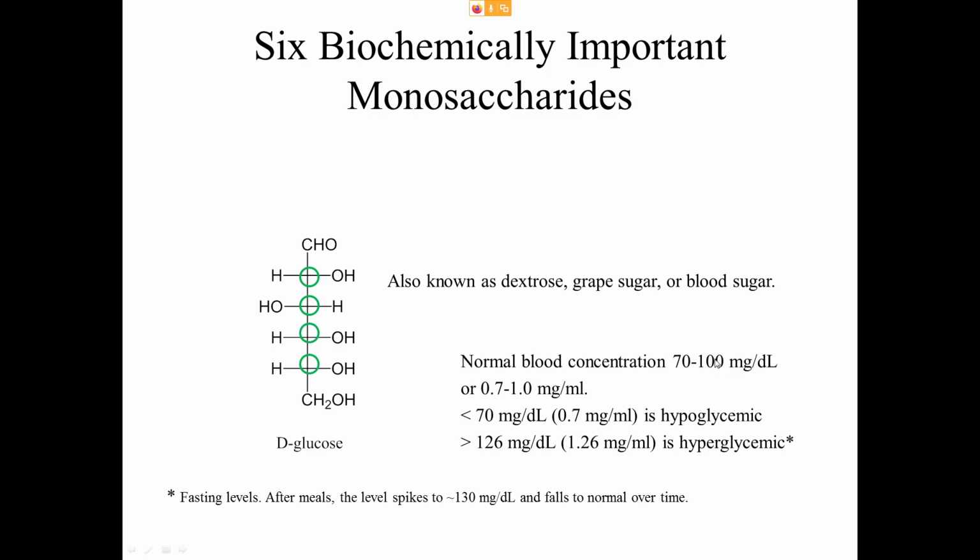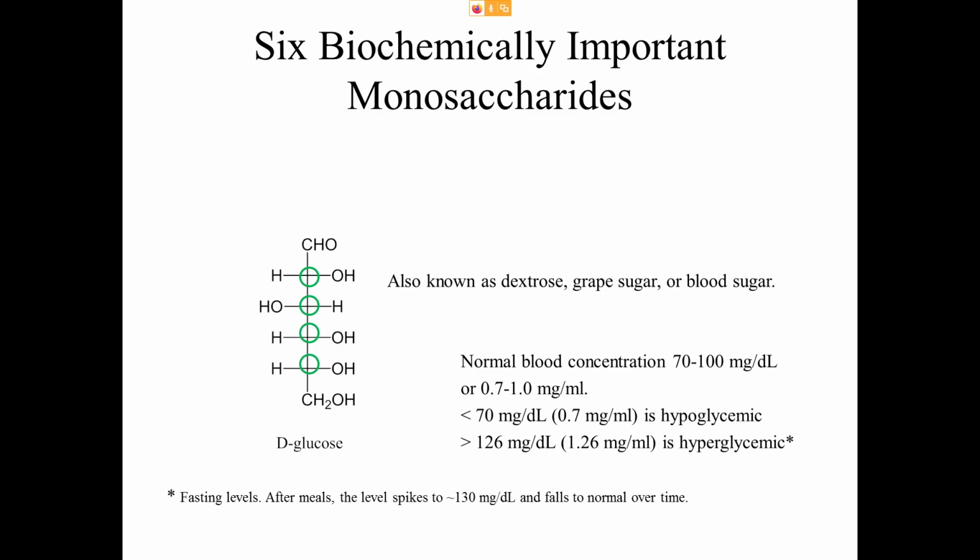A more realistic unit would be milligrams per milliliter, which would be more convenient because it ends up at 1. If it goes over 1, it's a little high; if it's below 0.7, it's a little low. Below 70, or 0.7 on this scale, you're hypoglycemic, or have low blood sugar. Above 120 to 130 is called hyperglycemic, meaning your blood sugar is high.